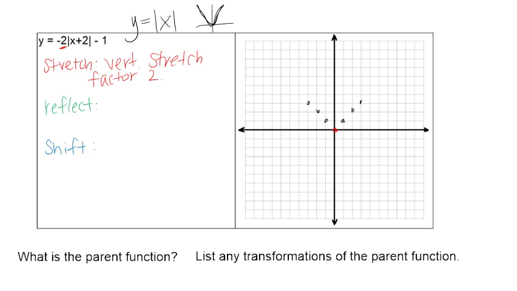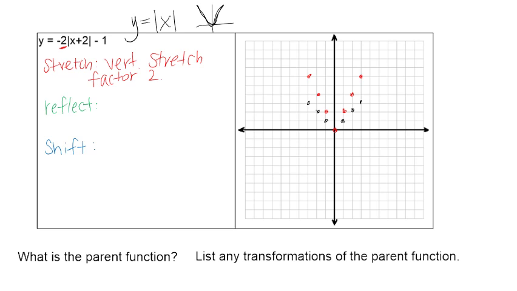So when y is 1, it becomes 2. When y is 2, it becomes 4. And when y is 3, it becomes 6. Okay, notice that what happened to my graph here is that it just got skinnier. That's why it's a vertical stretch, it looks like it's getting taller and skinnier.